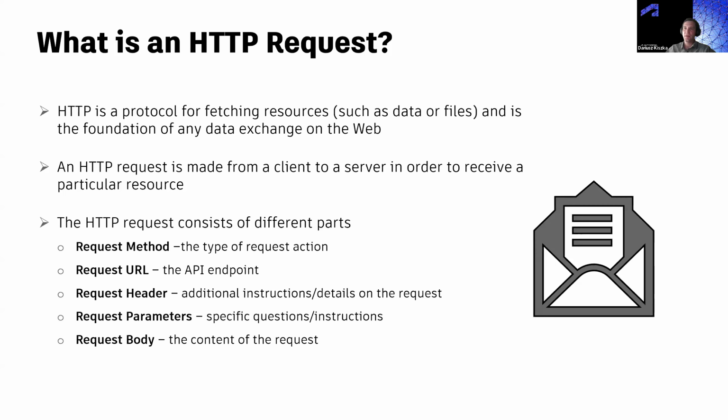And we also have the request body. When we are sending a letter, normally we want to put information inside it. So it is the actual content that we are sending to the server. Let's imagine we want to create an issue. Within the request body, there will be all of the issue details. What is the type of the issue? What is the subtype? Who is the issue assigned to, etc.